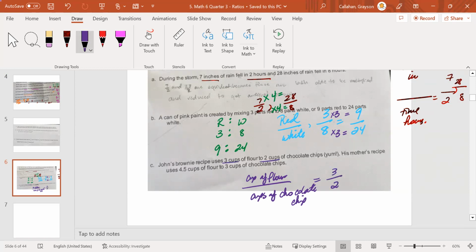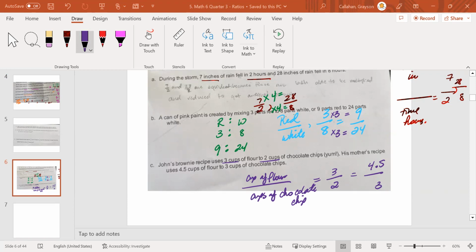His mother's recipe used 4.5 cups of flour to 3 cups of chocolate chip. Now this one's a little bit more complicated because it's not a perfect whole number, because you can't go, oh, 2 times what equals 3, right? And that's okay. So just keep it as is, okay?